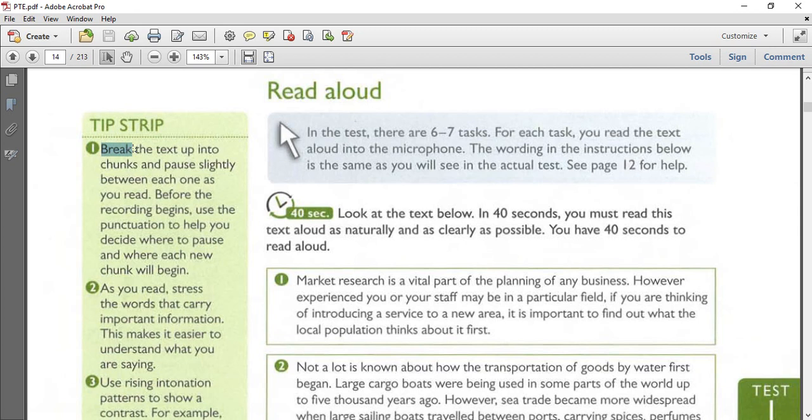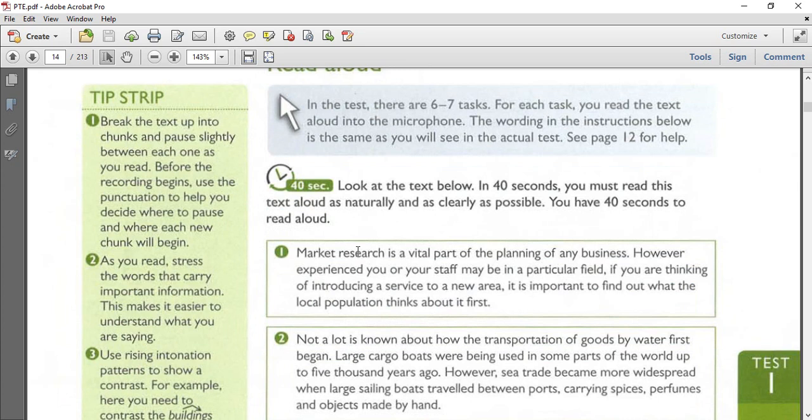Before the recording begins, use the punctuation to help you decide where to pause and where each new chunk begins. For this first tip, it refers to the first paragraph, on the right hand side, as you can see here. Now let's apply that tip with this first paragraph.